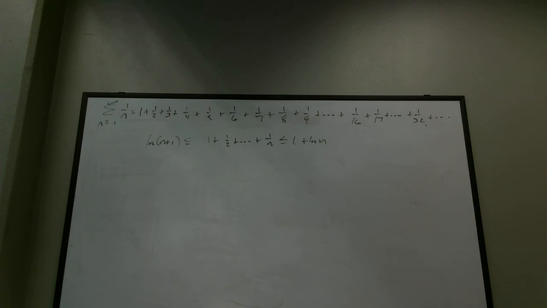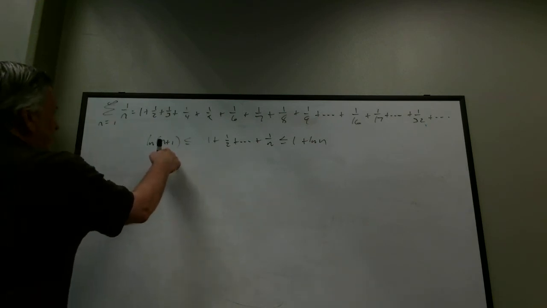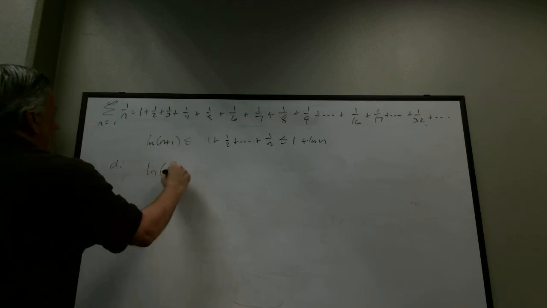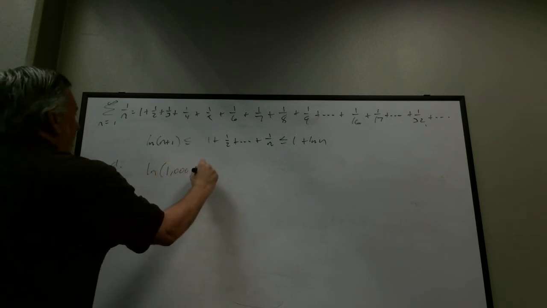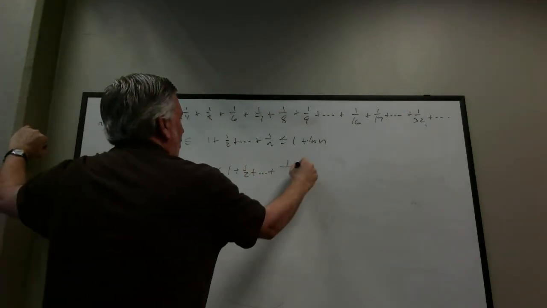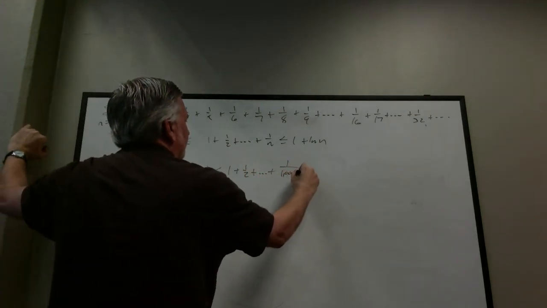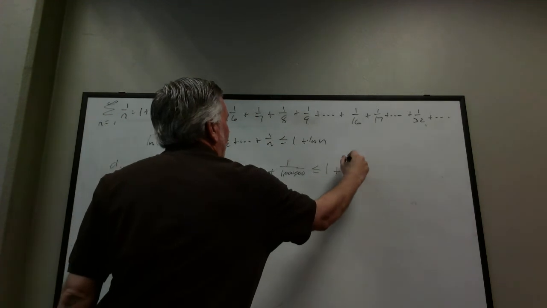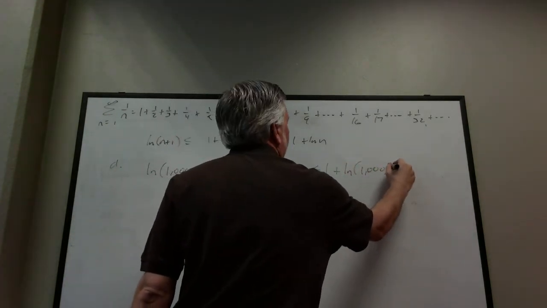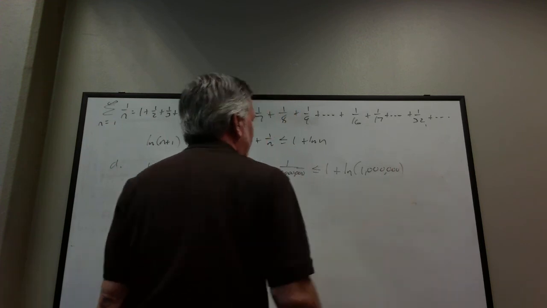Because it says show the sum of the first 1,000,000 terms of the harmonic series is less than 15. So if I plug n as 1,000,000 in here, on part D, this is natural log of 1,000,001 is less than 1 plus a half plus dot dot dot plus 1 over 1,000,000, which is less than 1 plus natural log of 1,000,000.